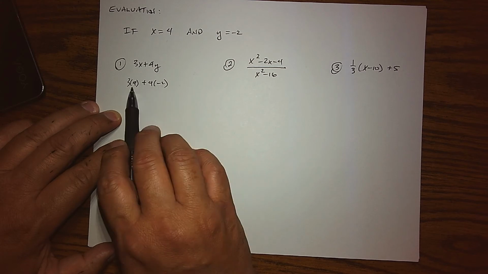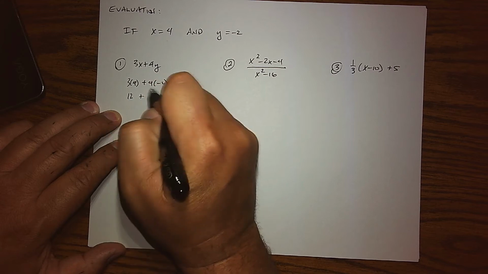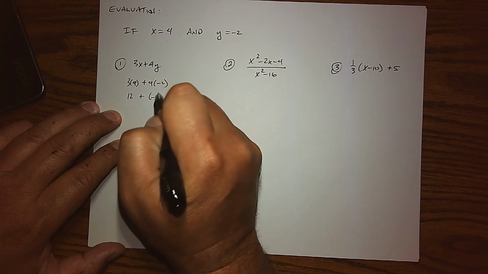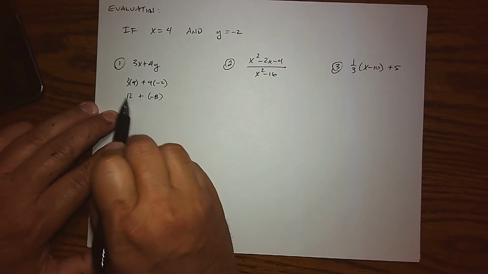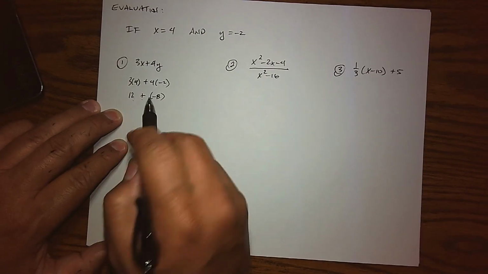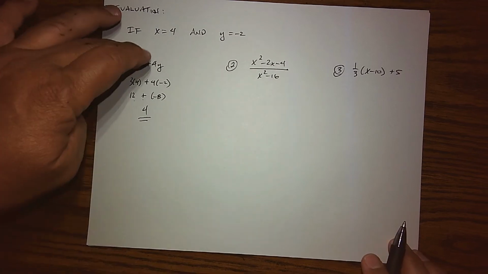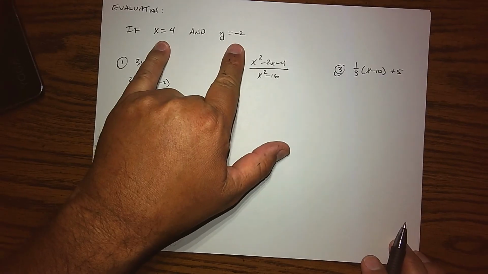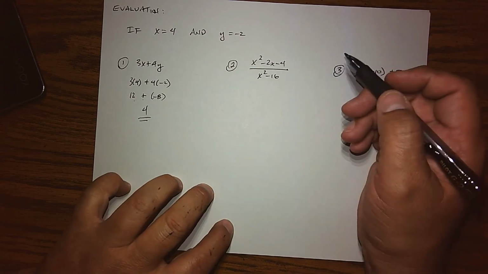There are a couple of multiplications. So going left to right, 3 times 4 is 12. 4 times -2 gives us a -8. And then to wrap this up, 12 plus -8, well, there's more positive stuff than negative stuff. How much more? 4 more. So that expression, if x is 4 and y is -2, evaluates out to 4.